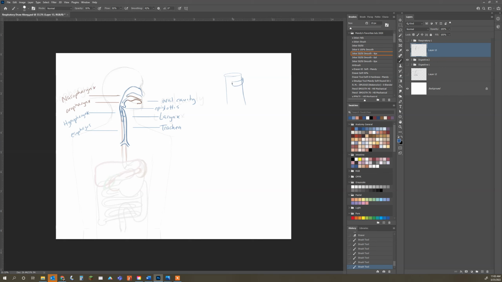Only it doesn't go all the way around. It kind of wraps around the front and partially around to the back. You get the idea.